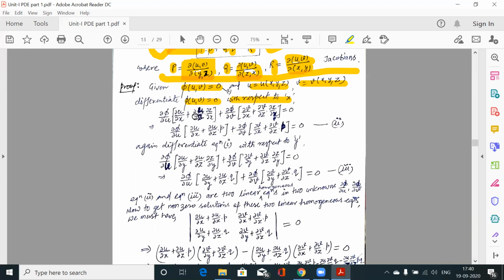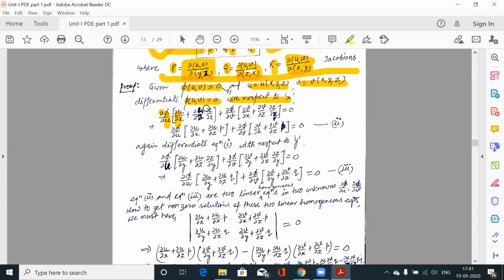This is simply chain rule differentiation, because u is a function of x, y, z, v is a function of x, y, z, and we are differentiating with respect to x. Phi is a direct function of u, v, so first we differentiate phi with respect to u, with respect to v, then differentiate u and v with respect to x. So del phi over del u, and then differentiation of u with respect to x.